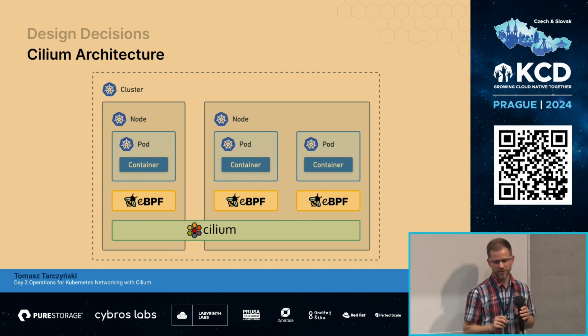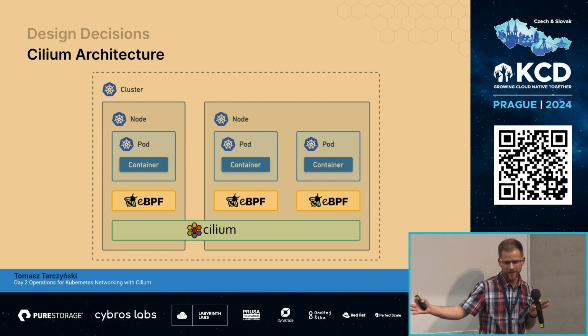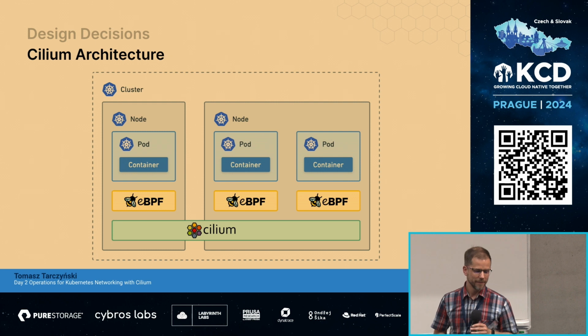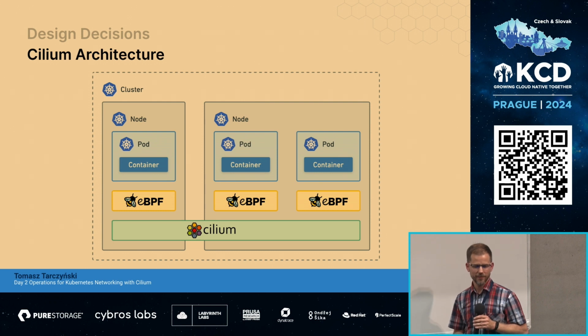Okay, so that was about the options you have, but now what's the architecture when you decide to run Cilium for your Kubernetes network? Very, very briefly, because it's not the topic of this talk.